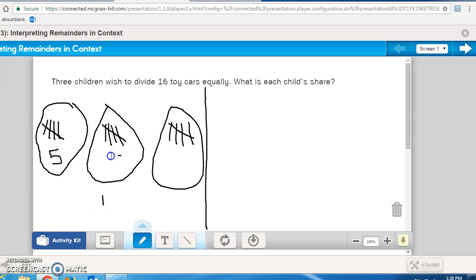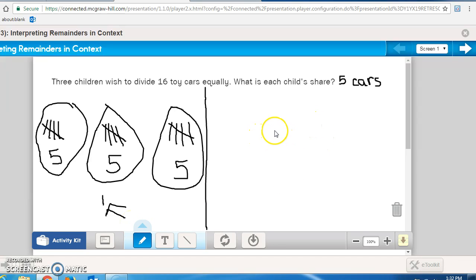So each student is going to get 5 cars. So my answer is, what is each child's share? I would write 5, and then I would write cars, because that's the units after it. But what am I going to do with that 1 that's left over? Can I divide it into 3 equally? No. So I'm just going to have to ignore it since there is no way to divide it up.